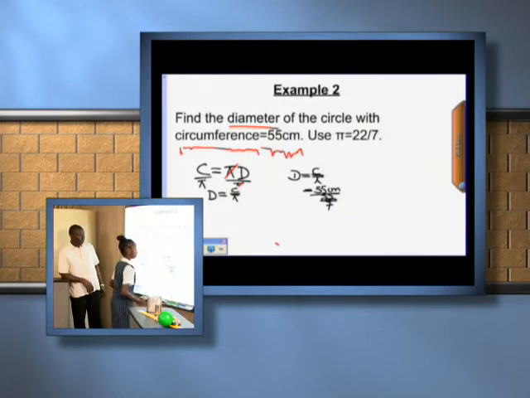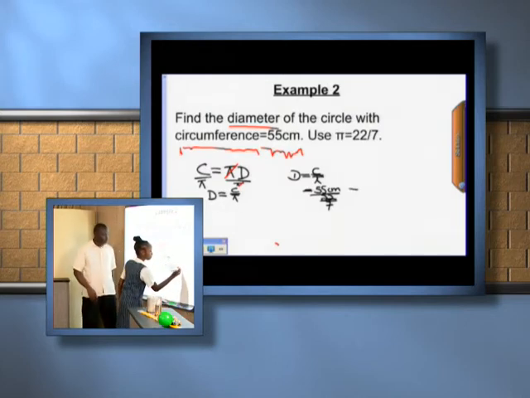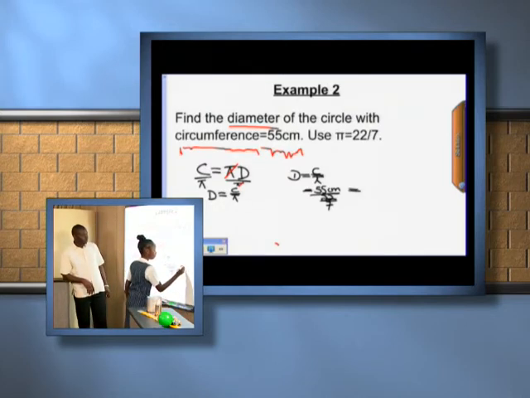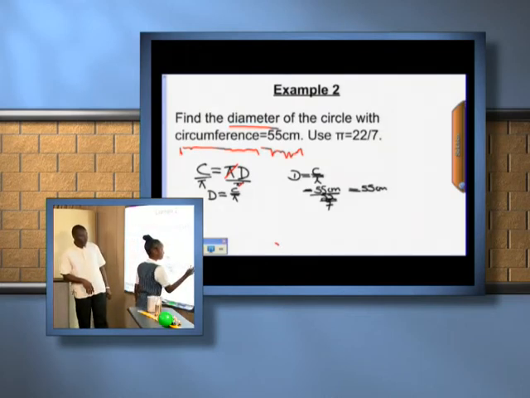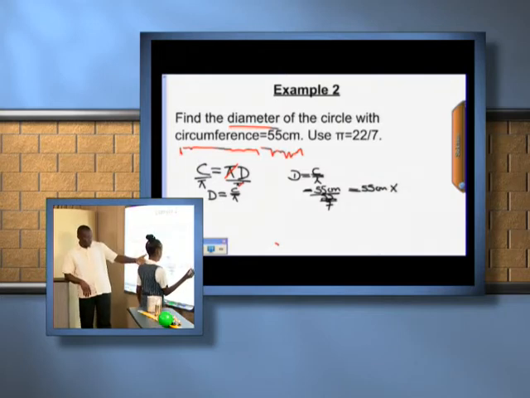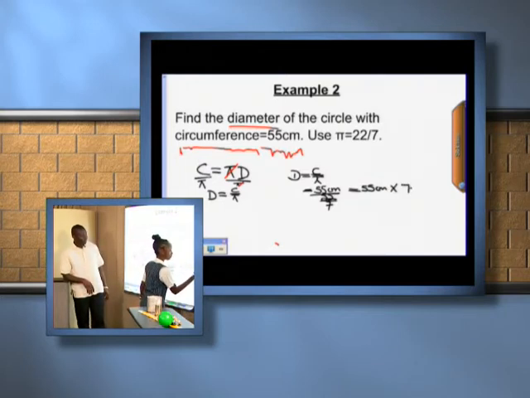When we divide with a fraction, what do we do? Upturn and multiply. So we put equal to 55, times multiply by, and now you upturn this fraction, it will be... good.